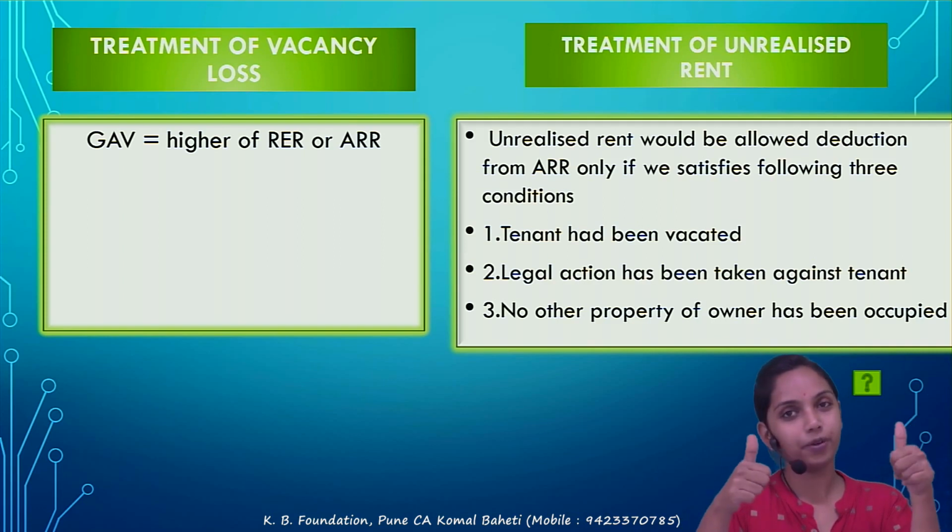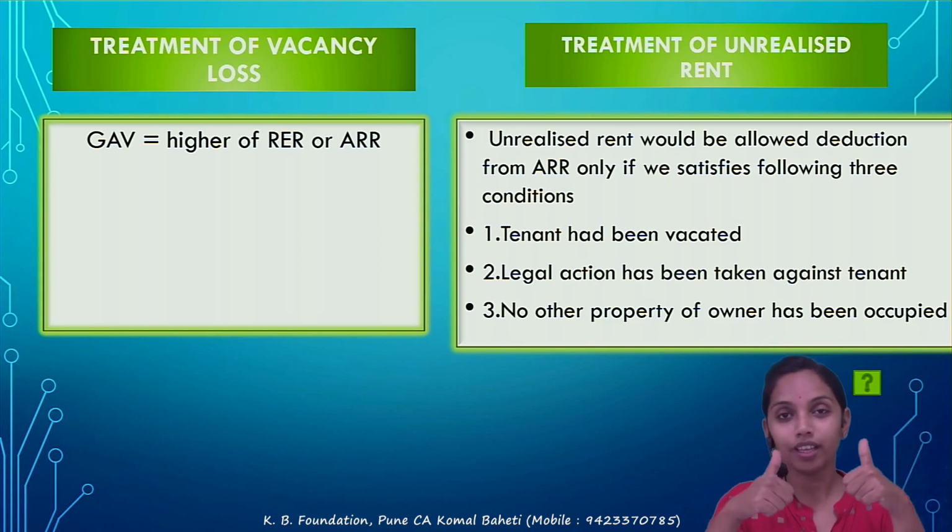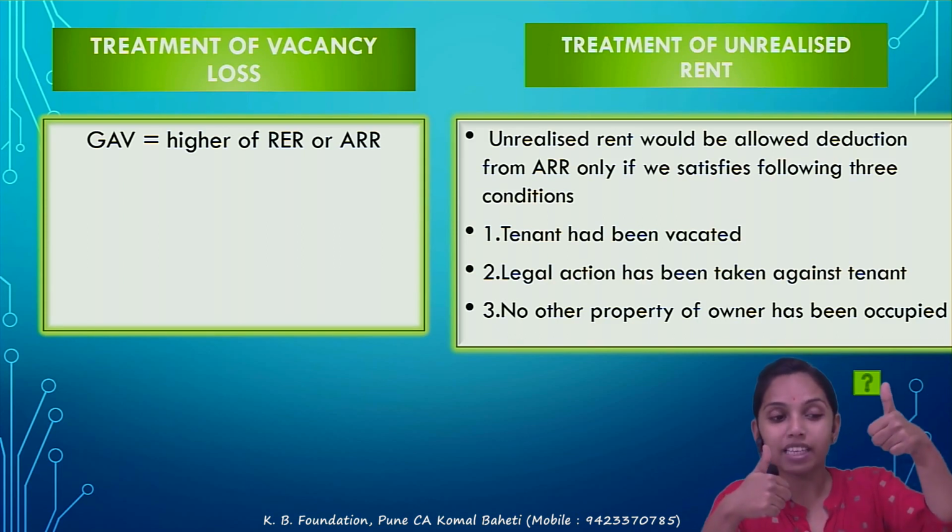Whoever is higher would become the GAV. दोनों का fight है. Who is higher would become the GAV. What had happened? The reasonable expected rent is higher. Okay, तो क्या होगा? He would become the GAV. But that is a notional income getting taxable.